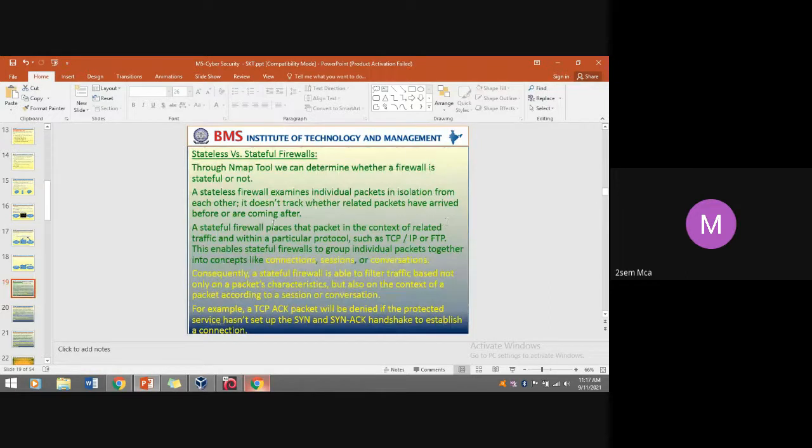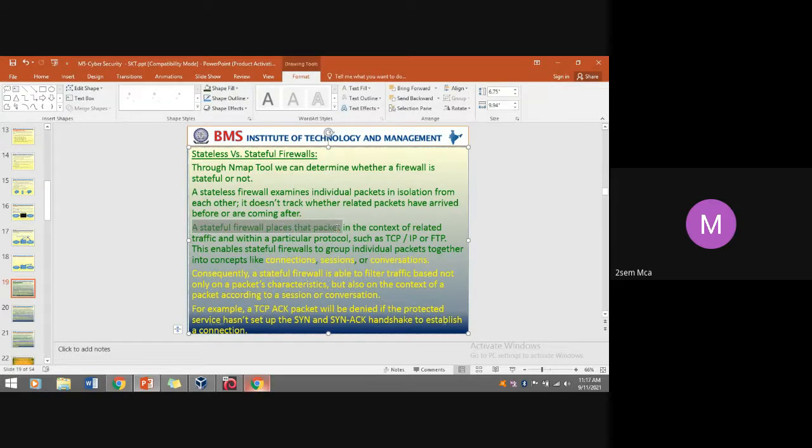firewall. Whereas a stateful firewall places that packet in the context of related traffic and within a particular protocol, such as TCP/IP or FTP. This enables stateful firewalls to group individual packets together into concepts called connections, sessions, or conversations.